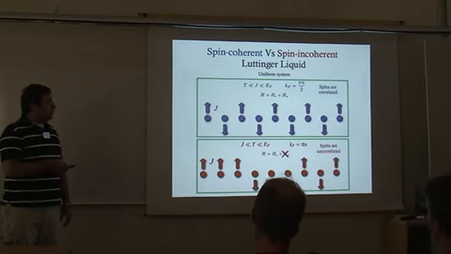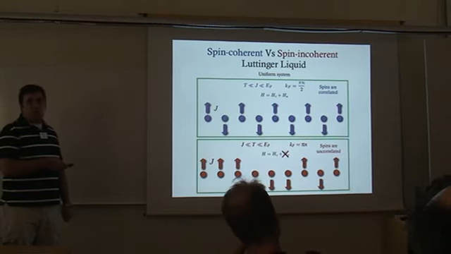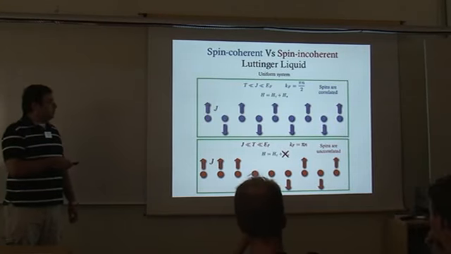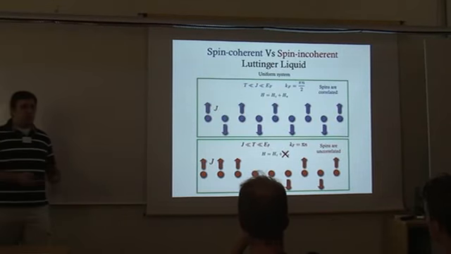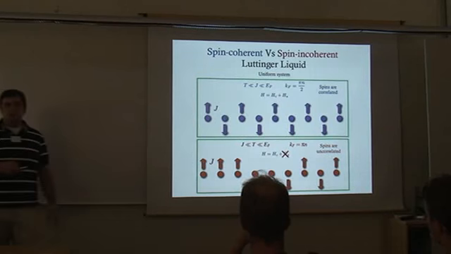But if the temperature is tuned in a way that there is a big separation between the spin exchange scale and the charge scale, which is at E Fermi, then the spin part of the Hamiltonian is basically decoherent. So there is no way for spin excitations to propagate in this system.